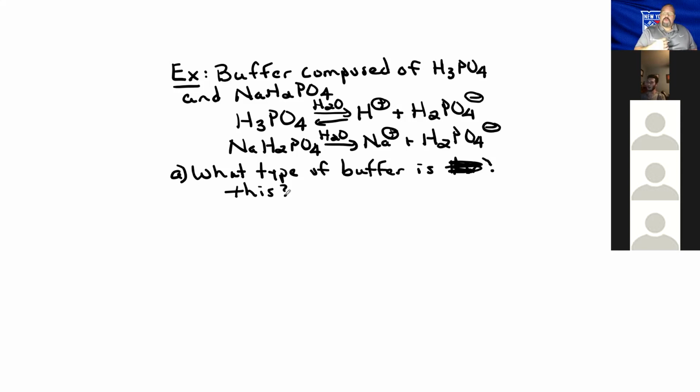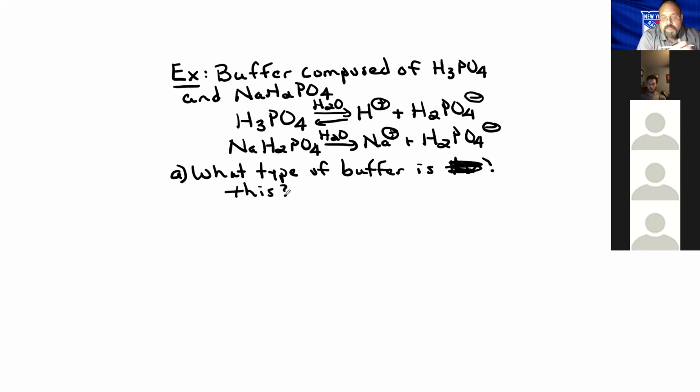Well, what I would do is go to the equations, and look for something that is weak to tell me whether that substance being used to make that buffer is a weak acid or weak base. Because then I would know what type of buffer I'm dealing with. So what I would do here is look at the first equation. The first equation talks about something that is weak.